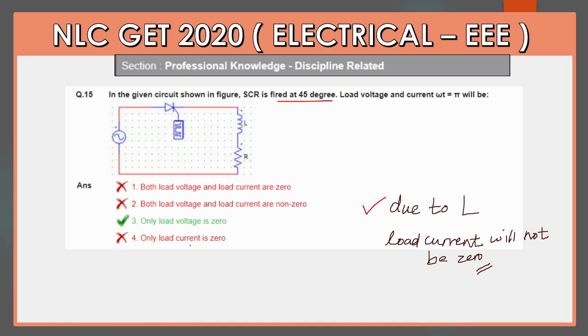So one can guess that the option where the load current is 0 should not be the answer. Here it is saying the load current is 0, so it is not the answer. And here it is saying both load voltage and load current are non-zero. Voltage can be 0, but current cannot be 0. So you can say only load voltage is 0. So this is the right answer.